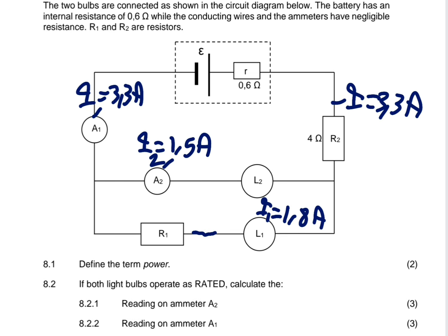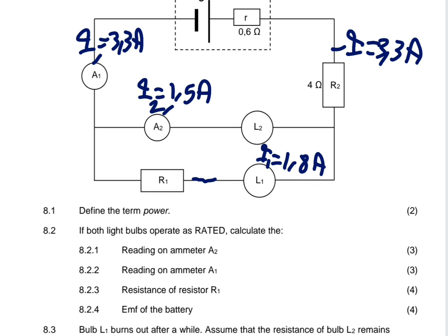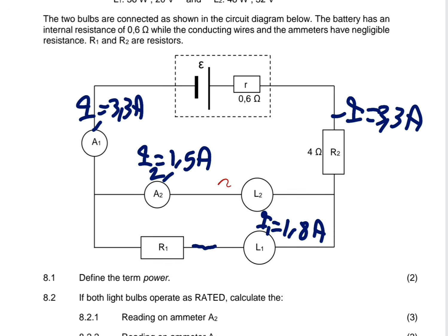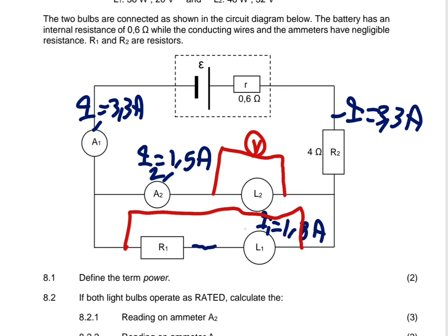Now, 8.2.3 says calculate the resistance of R1. We've mentioned that this is in parallel. So L2 is in parallel with R1 and L1, which means they share the same voltage.